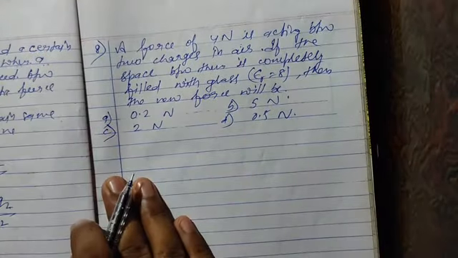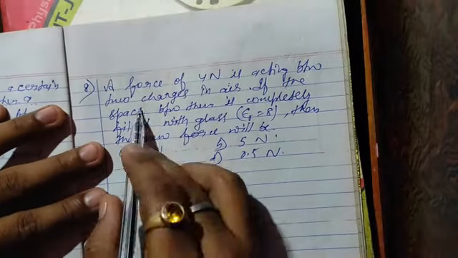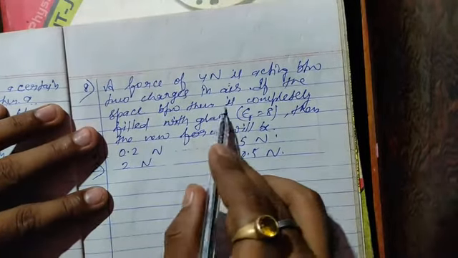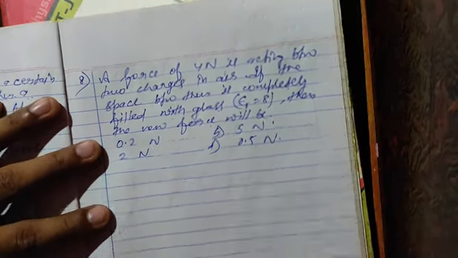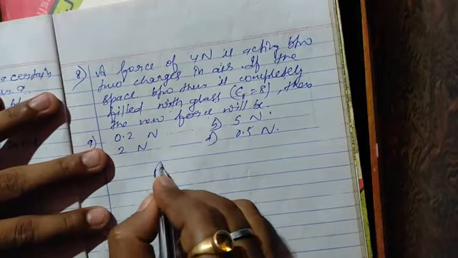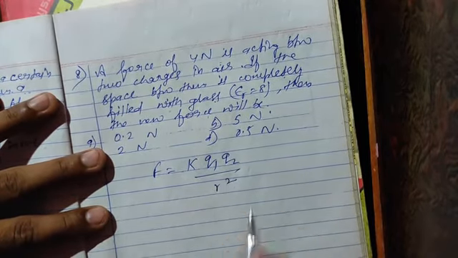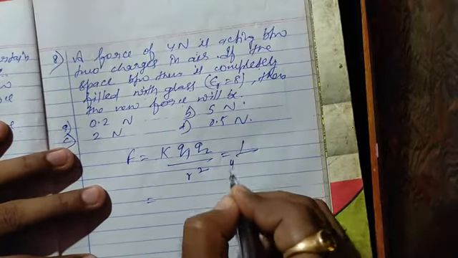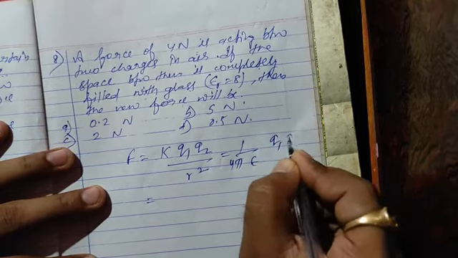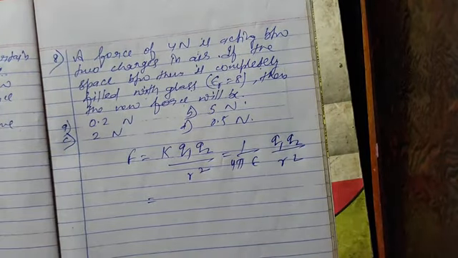Now moving to the last numerical. A force of 4 Newton is acting between two charges in air. If the space between them is completely filled with glass, then what will the new force be? Initially, Coulomb's force equals k q1 q2 by r square, or we can replace k with 1 by 4 pi epsilon, so F equals q1 q2 by 4 pi epsilon r square.